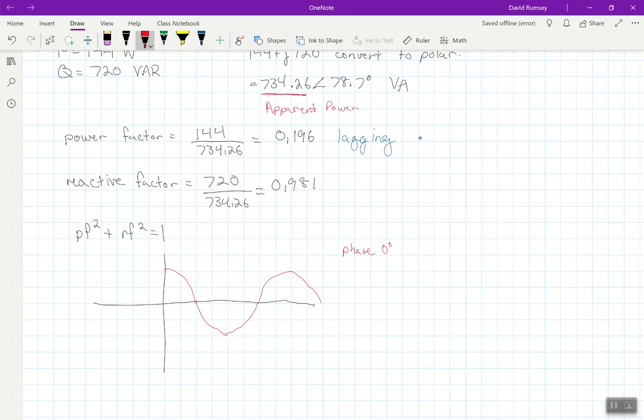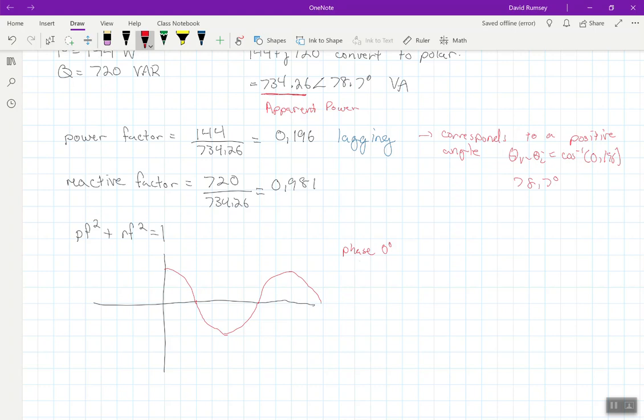Now, this here corresponds to a positive angle. Specifically, the angle it corresponds to, this theta v minus theta i, is the inverse cosine of 0.196. And if you do that, it actually turns out that that's 78.7 degrees.